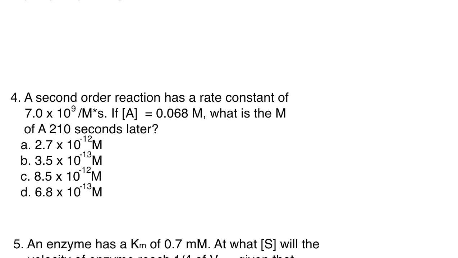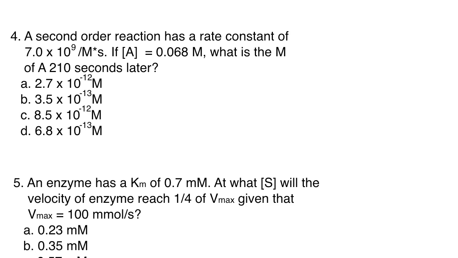So it's a starting concentration at some given time. And then it's asking what will the concentration be at 210 seconds after that, if we already know the rate constant. So what we're really solving for here is going to be A sub T, or concentration after a given amount of time has elapsed, and in this case the time is 210 seconds. So you're going to solve that.